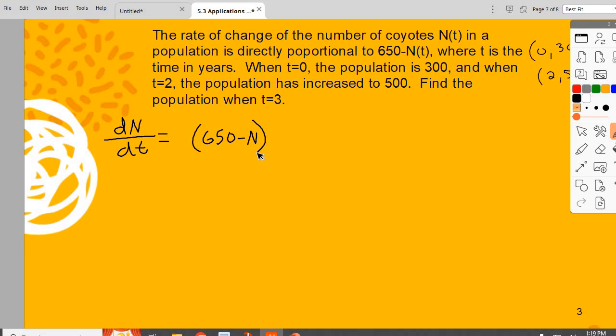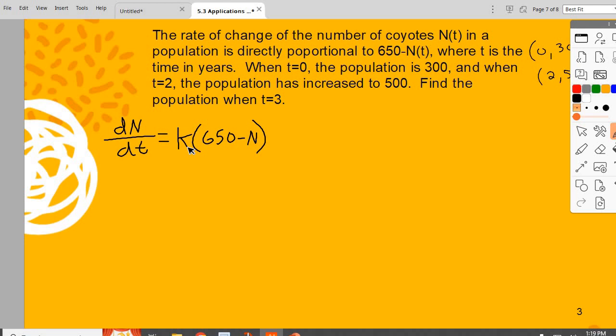They grow and decay at the same rate, but might not start at the same spot. So we add k, our constant of proportionality, multiplied to all of it.